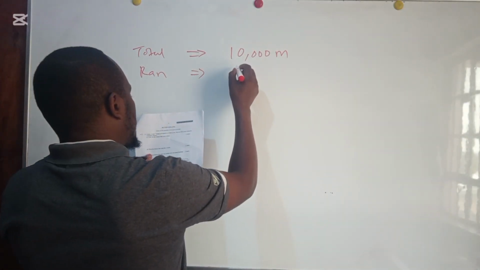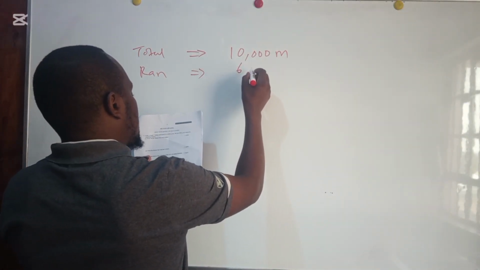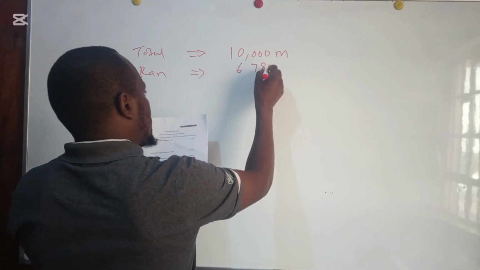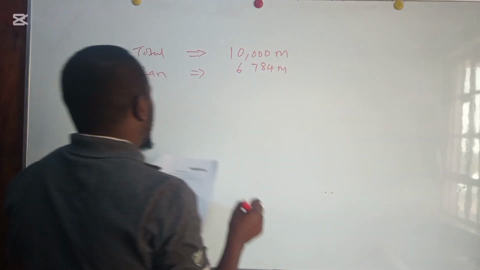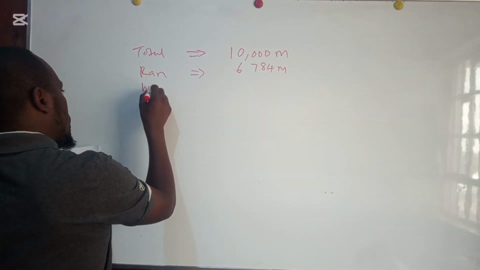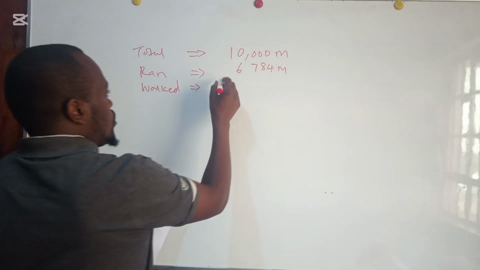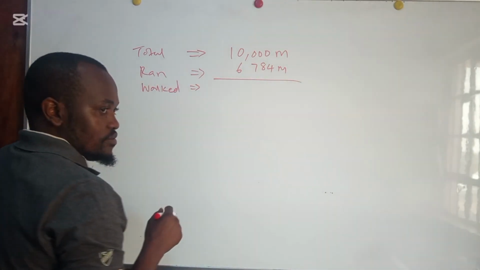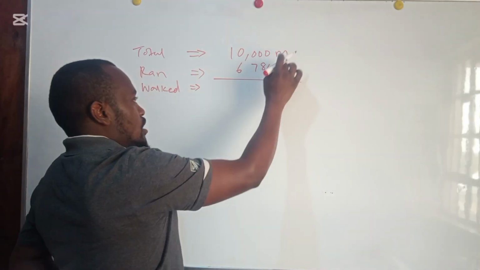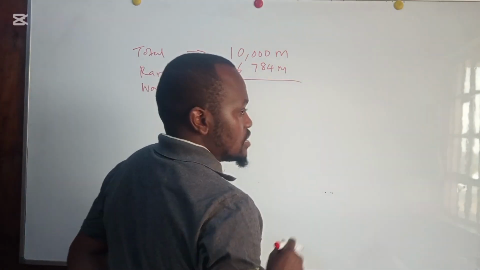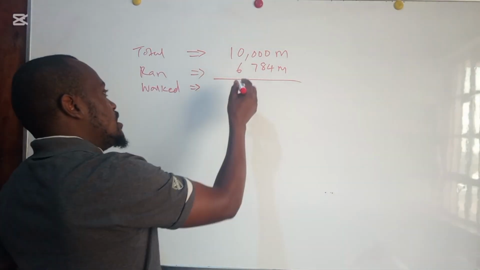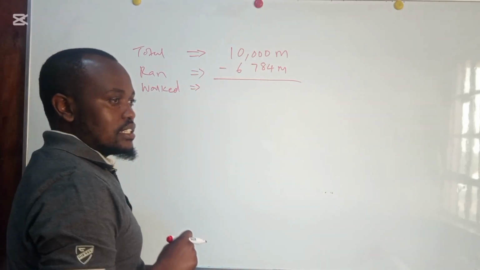She ran 6,784 meters. So then she walked the remaining distance. So what was the remaining distance? You know this was the total and you have run this distance. So the remaining you are supposed to subtract.